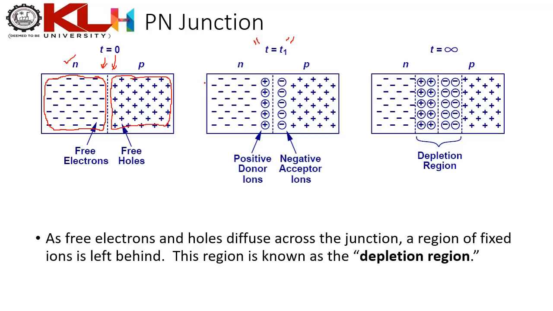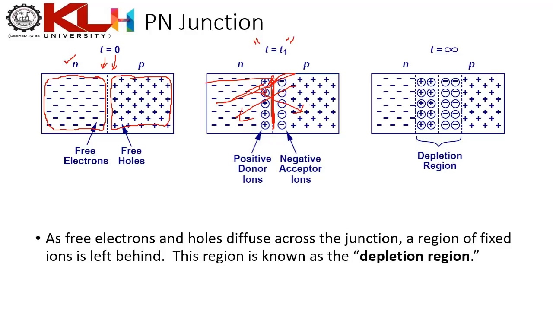So the junction over here is witnessing a lot of activity. Holes from this side are moving to this side, electrons from the n side moving to the p side.